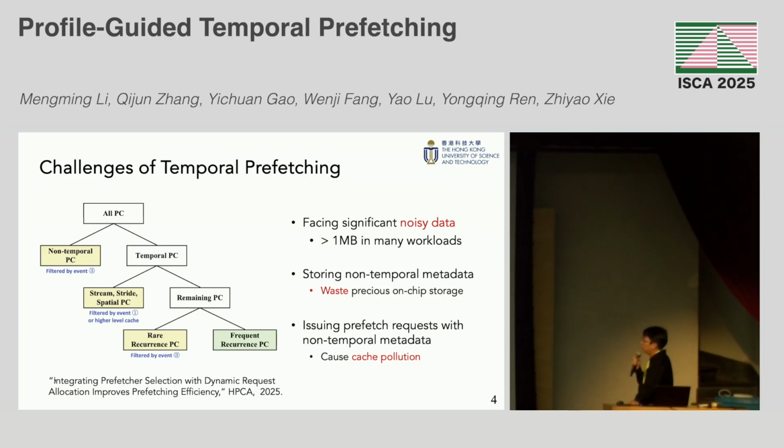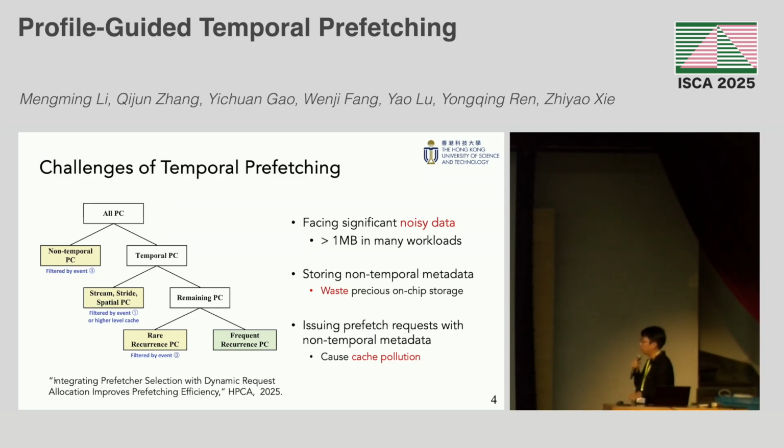According to our experimental results, this noisy data is always larger than 1 megabyte for many workloads. So if we store this non-temporal metadata in our metadata table, we would waste precious on-chip storage.